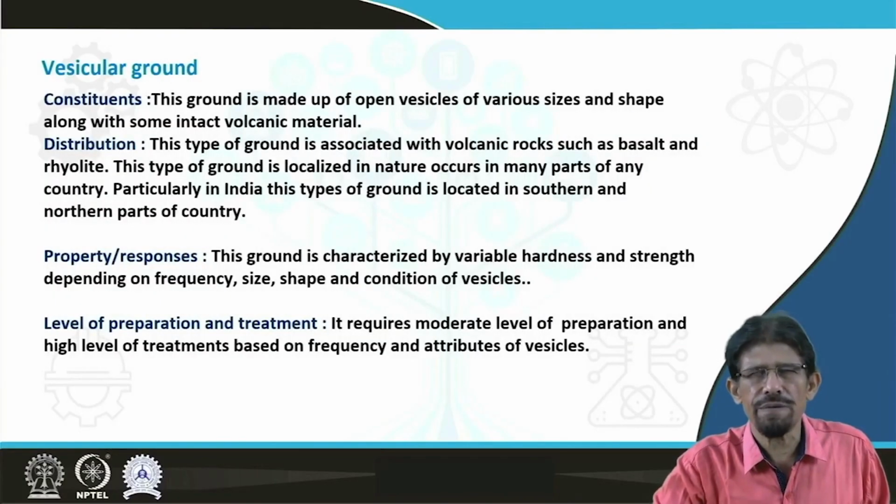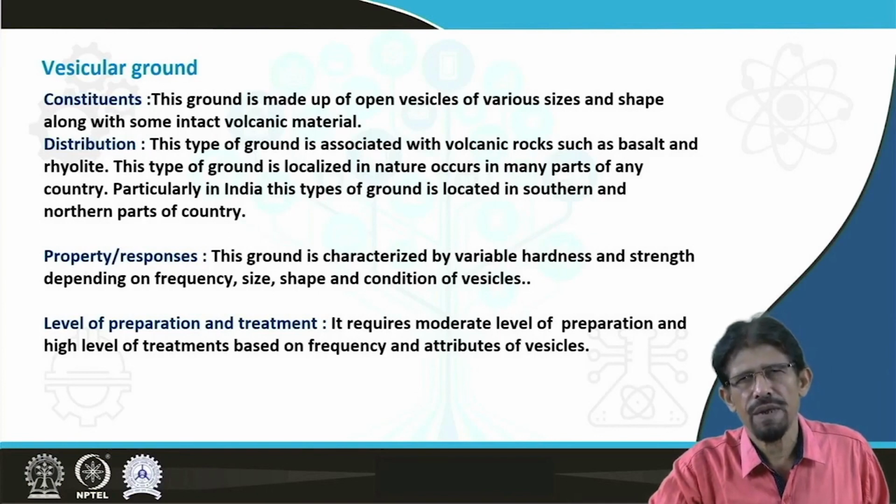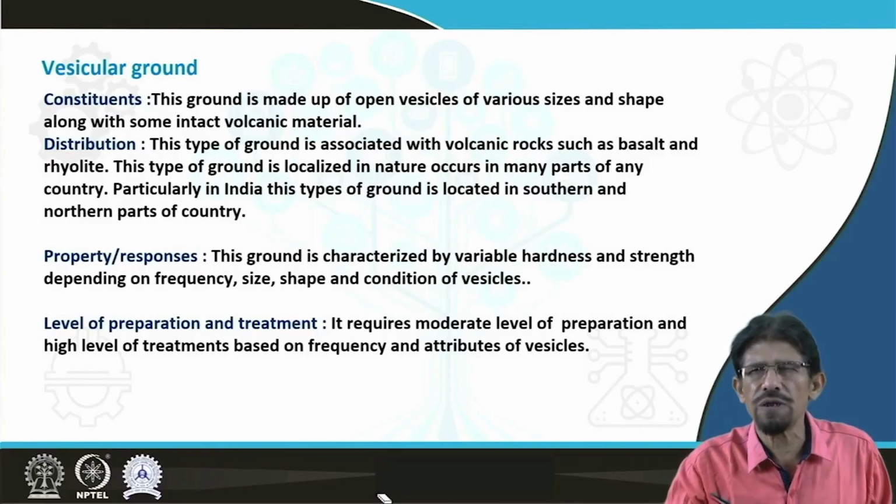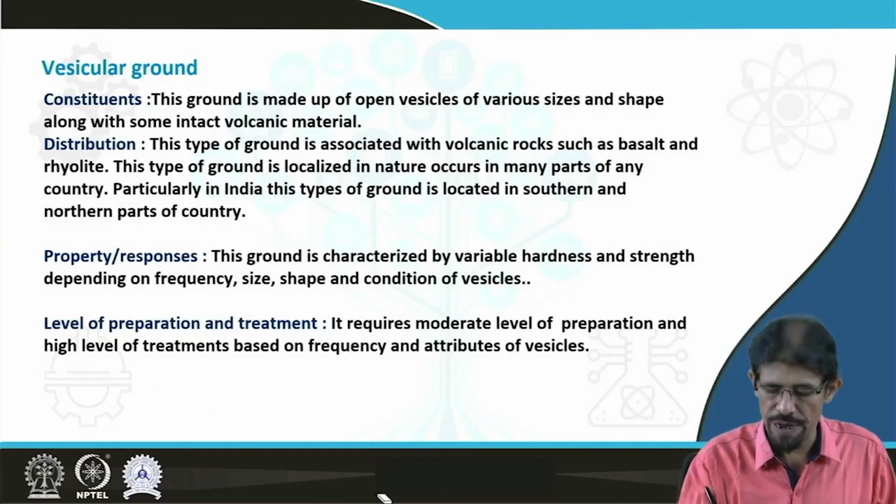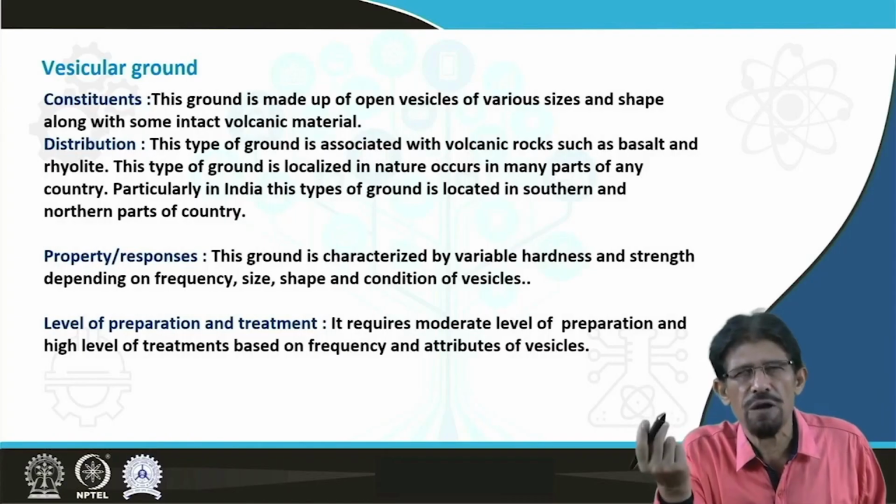Vesicular ground is a peculiar type of ground due to the presence of vesicles that are saturated, partially saturated, unsaturated, filled by loose material, or filled by secondary materials. This type of ground is generally associated with volcanic rocks, particularly rhyolitic and basaltic.